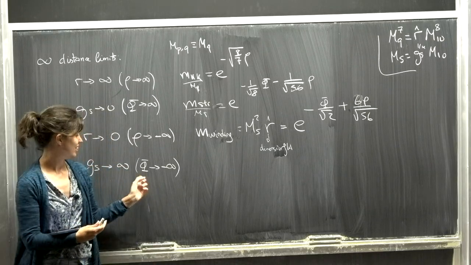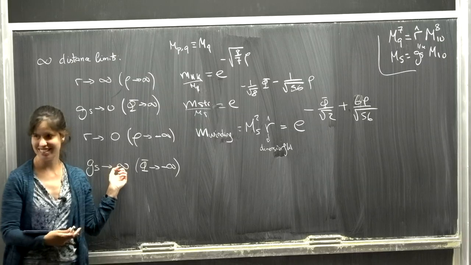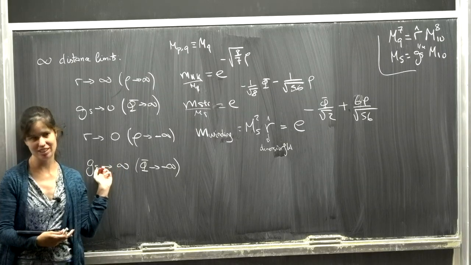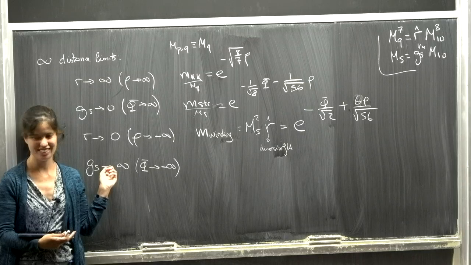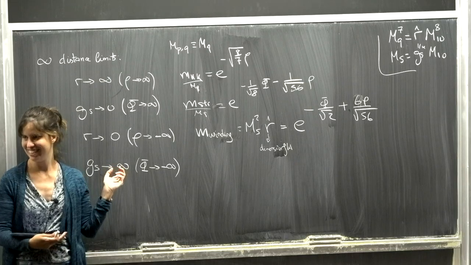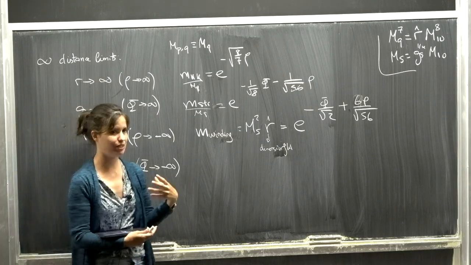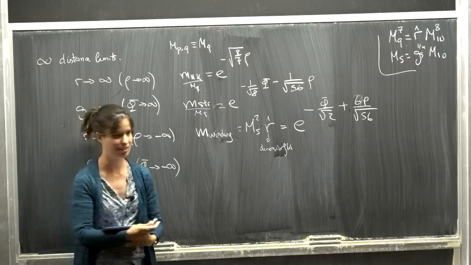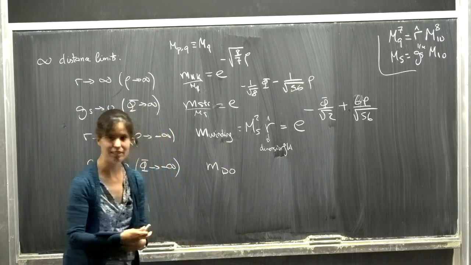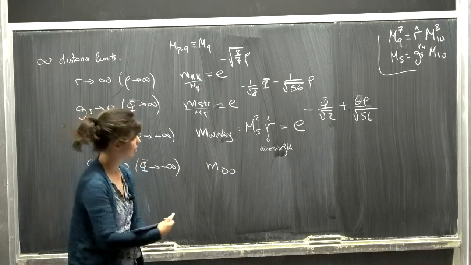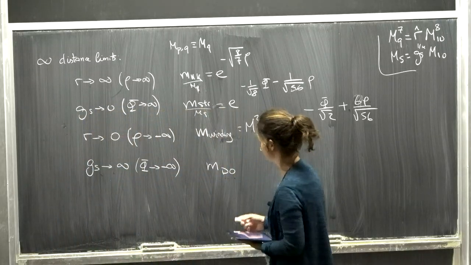If we are in type 2A and the string coupling goes to infinity, I mean, it becomes very large, where are we going? M theory. And then what is the first tower of states that we find? The D0 branes. So type 2A indeed has a tower of states, which are the D0 branes.